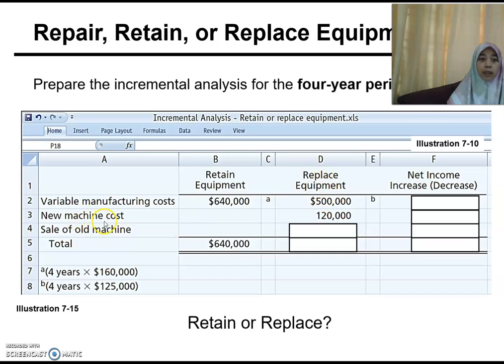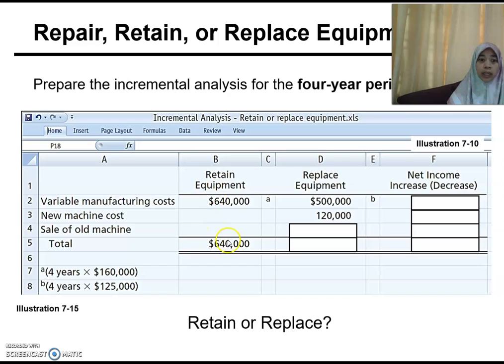And then what about the new machine cost? If you retain, you don't need to incur that cost. But if you replace, you need to pay 120,000. What about the sale of the old machine? If you sell the old machine, you will get 5,000.